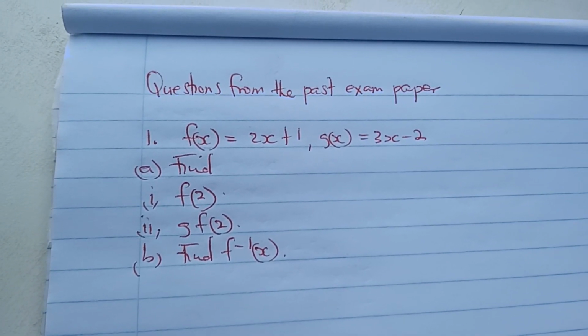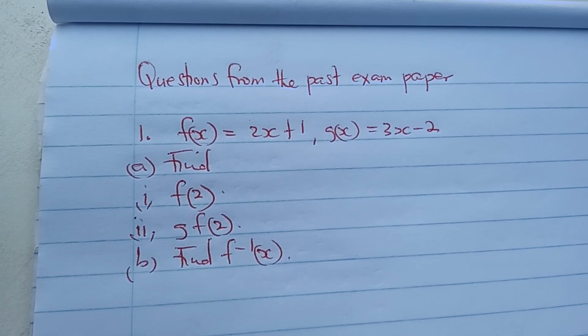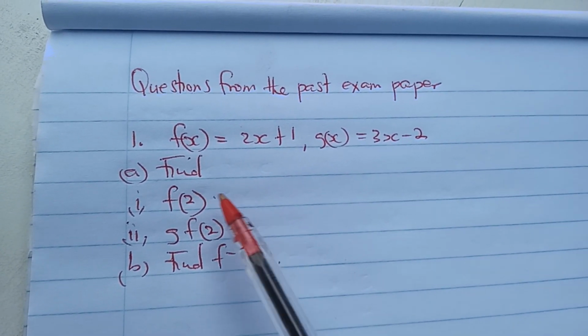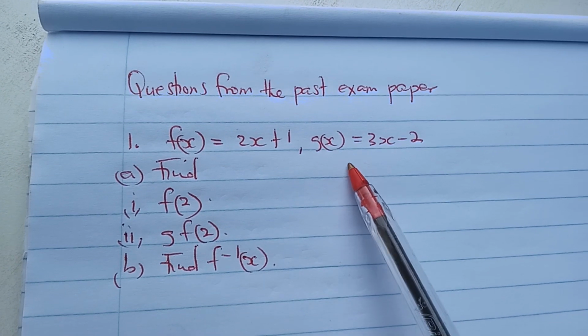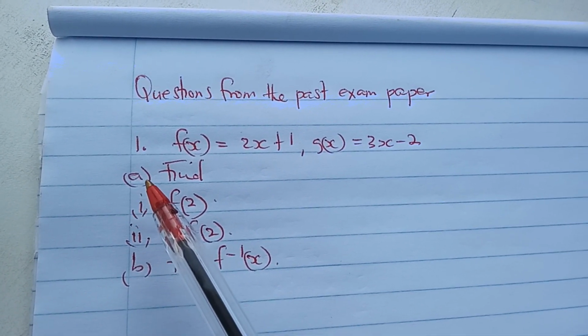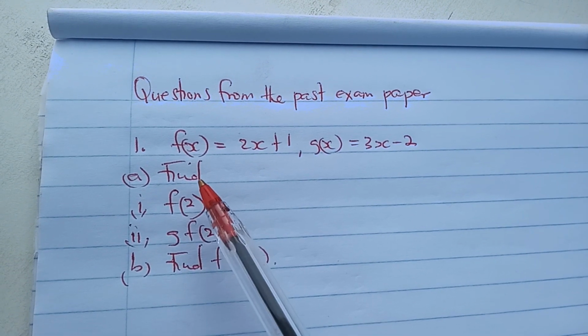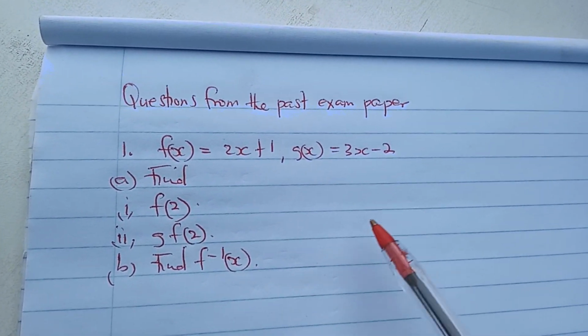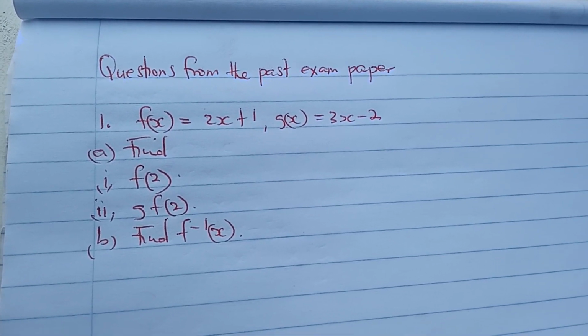So as we continue, it's question one. We have this function and this function. Question A says find Roman figure one, f(2).